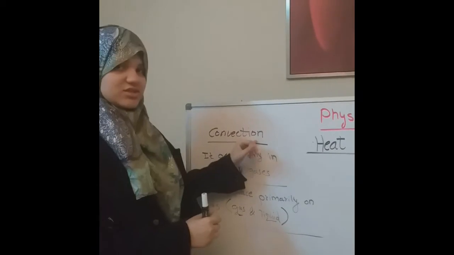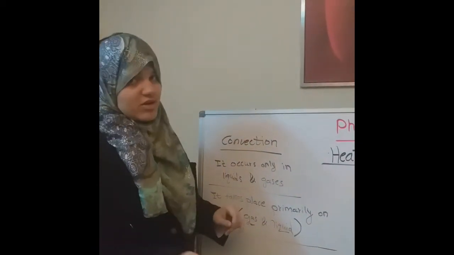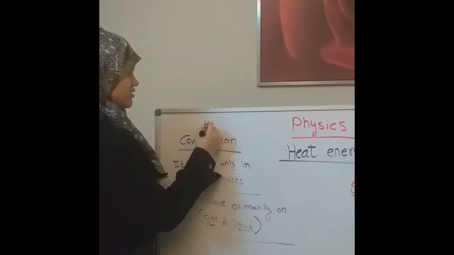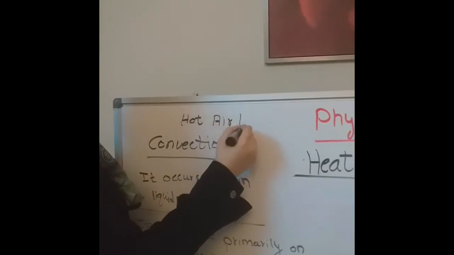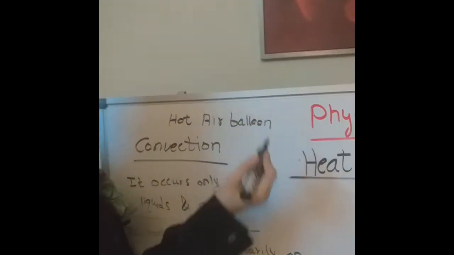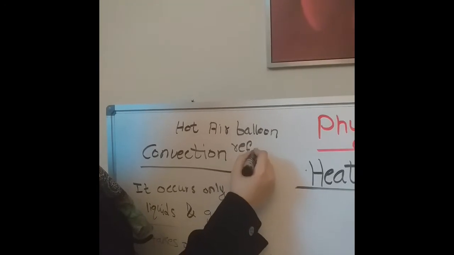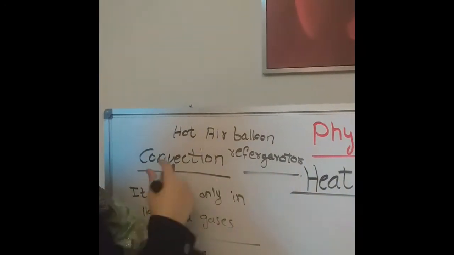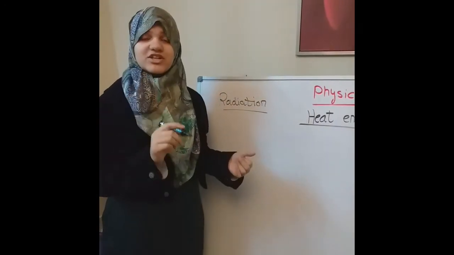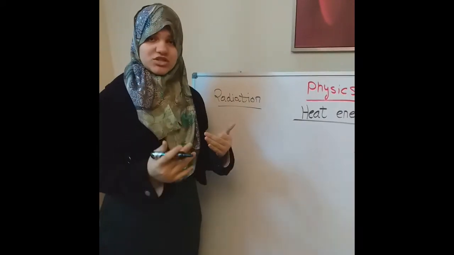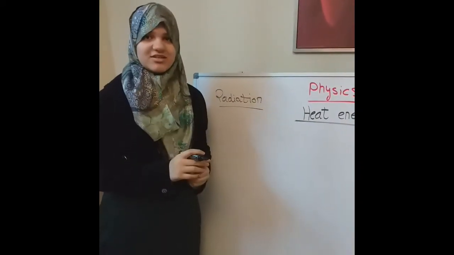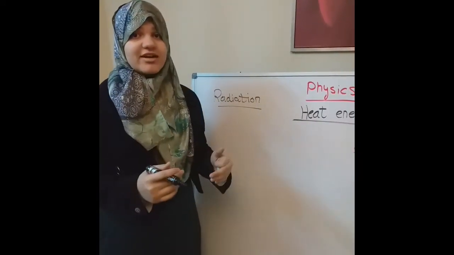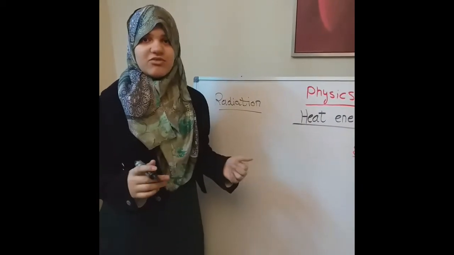Examples of convection are a hot air balloon and a refrigerator. Boiling water also uses convection. Also refrigerator, air conditioner, radiator, and other things use convection.